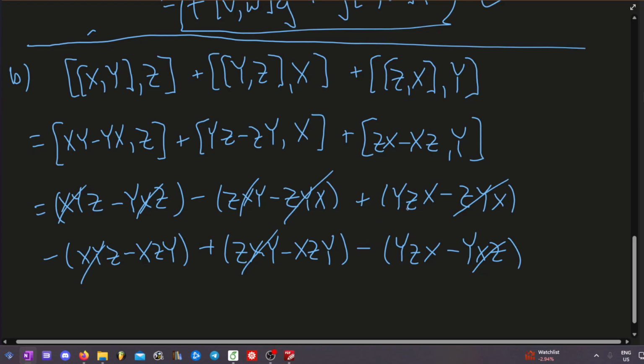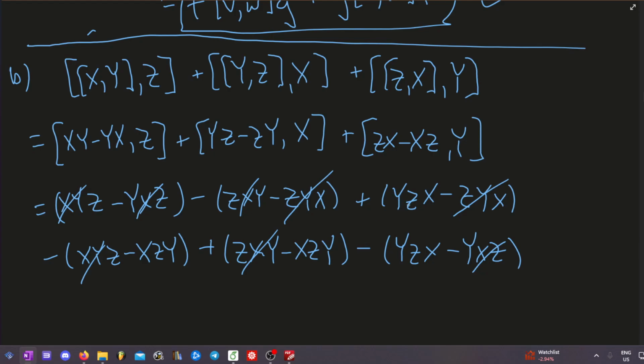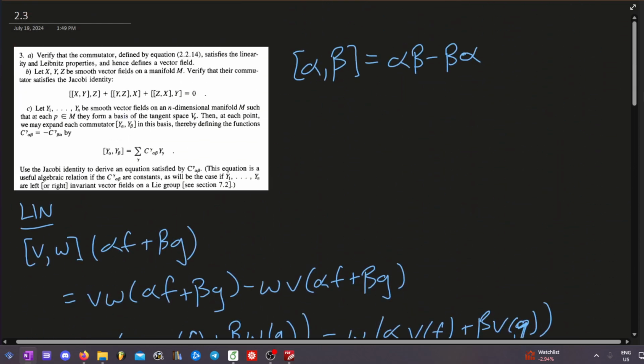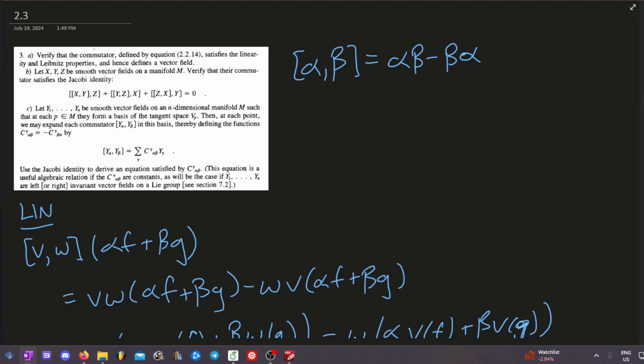This positive yzx is going to cancel with this negative yzx right below it. And finally, this positive xzy cancels with this negative xzy, and we've shown that this equals 0, and in other words, that these x, y, z, which are smooth vector fields, do satisfy the Jacobi identity.